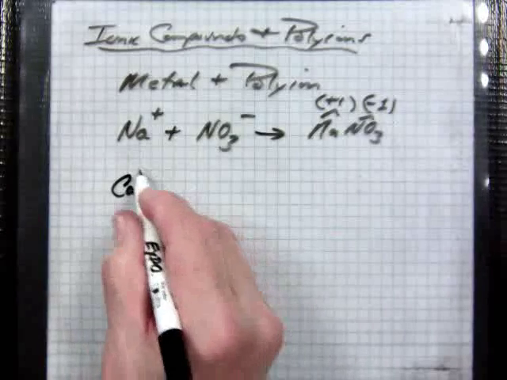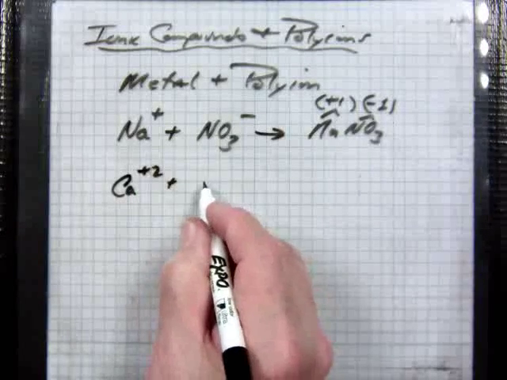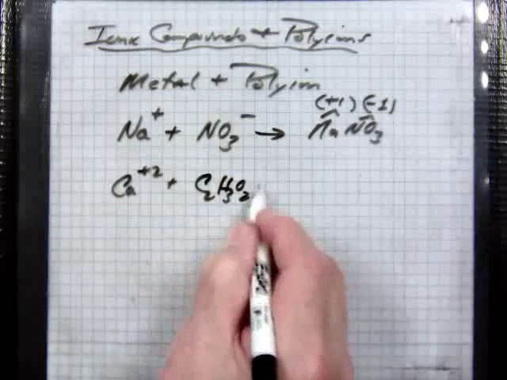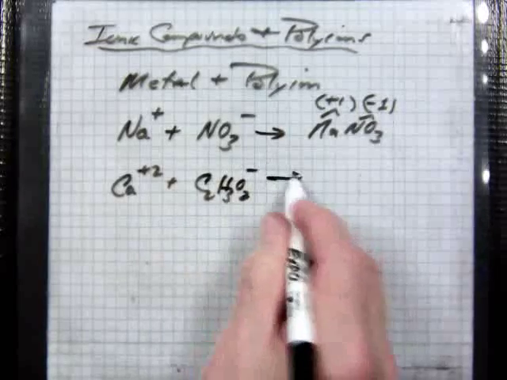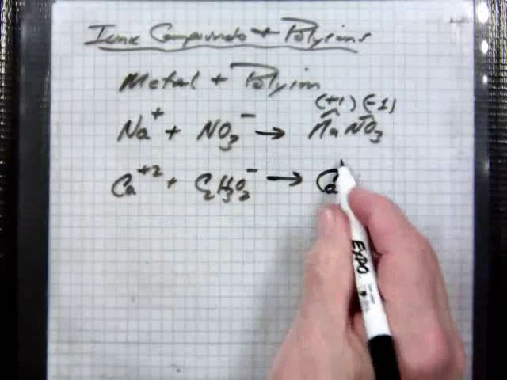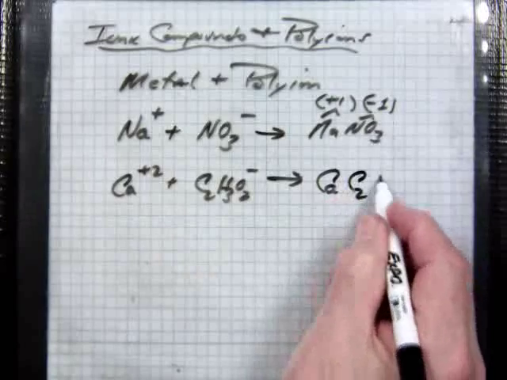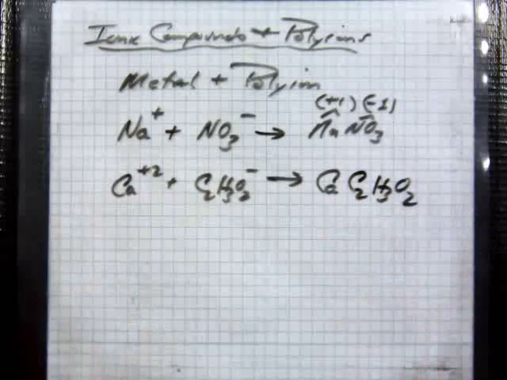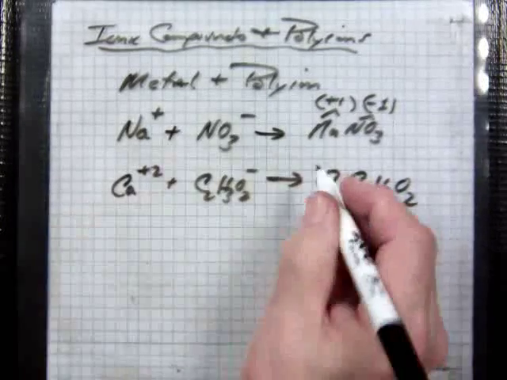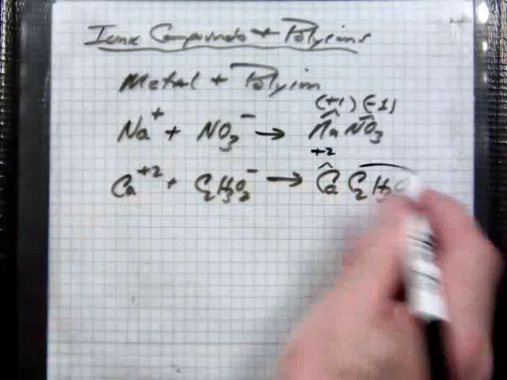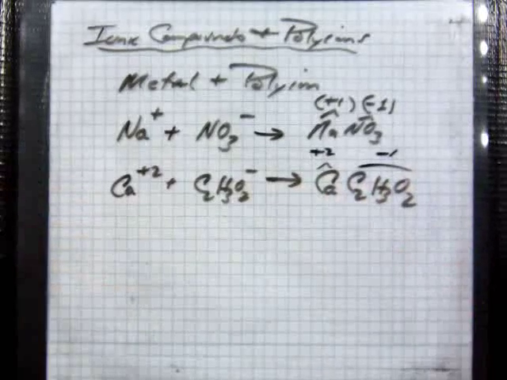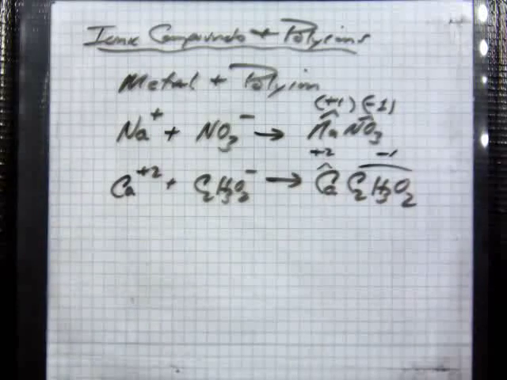Calcium is plus 2, and the C2H3O2, the acetate, only has a minus 1. So if I put those together, calcium and C2H3O2, recognize this is a plus 2 and that one's a minus 1. Plus 2 minus 1 is not 0.